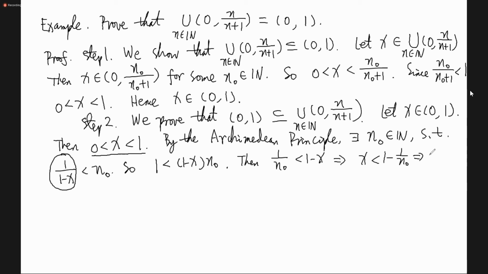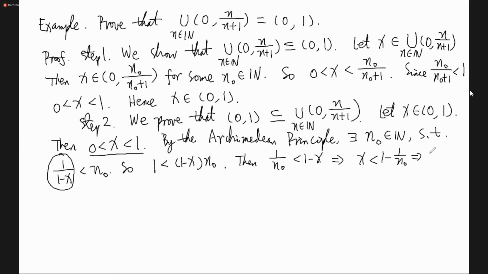But this implies, because 1 minus 1 over n0 is exactly n0 minus 1 over n0, if you write one more step, x is less than n0 minus 1 over n0.